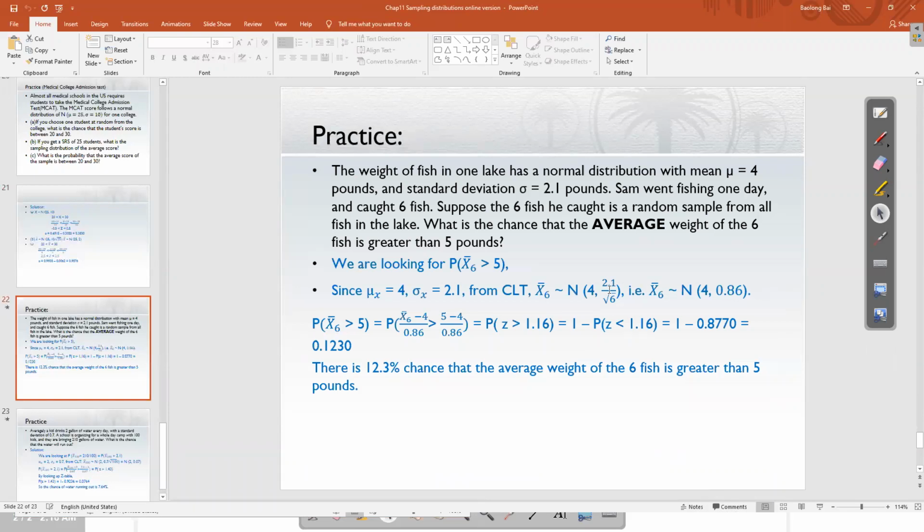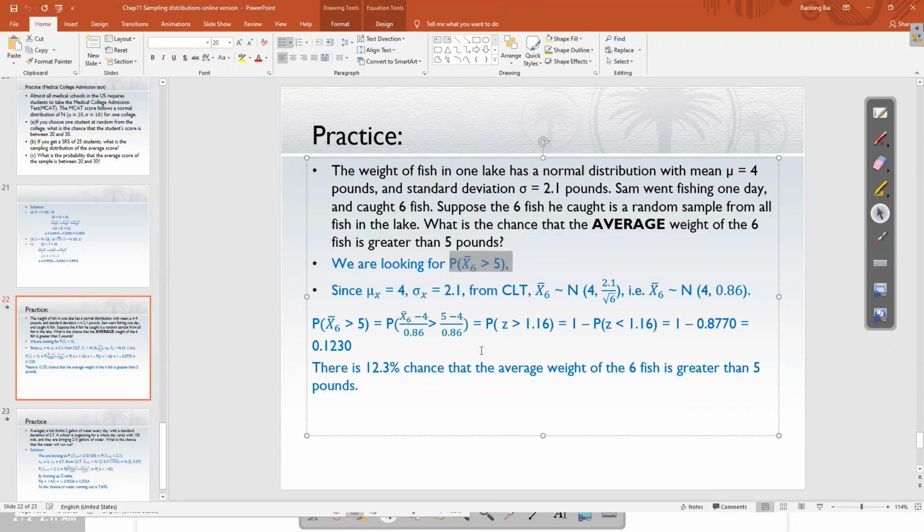Right? So the key thing is, again, you're looking for probability related to the average weight of a sample, right? So you're looking for probability of X bar greater than 5. This is what they're looking for, right?